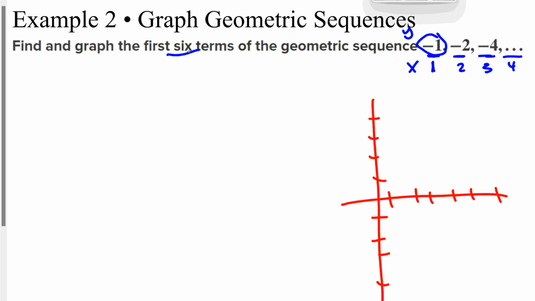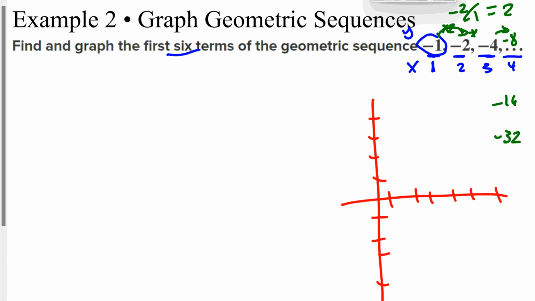Okay, so we want to find the pattern first, what we call the common ratio. How do I go from -1 to -2? Well, if I just take -2 and divide it by the previous one, that means I got there by multiplying by 2. So if I multiply by 2, I get -2, multiply that by 2, I get -4, multiply that by 2, and I get -8, multiply that by 2, and I get -16, multiply that, I get -32.